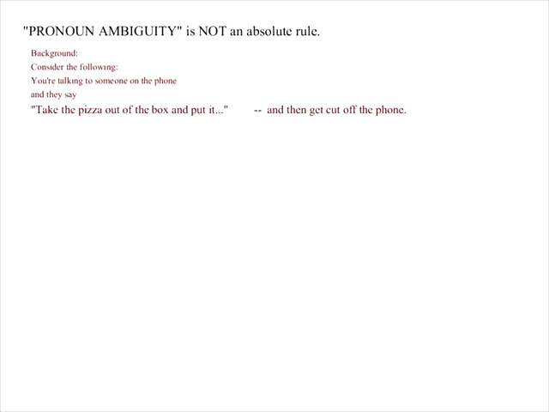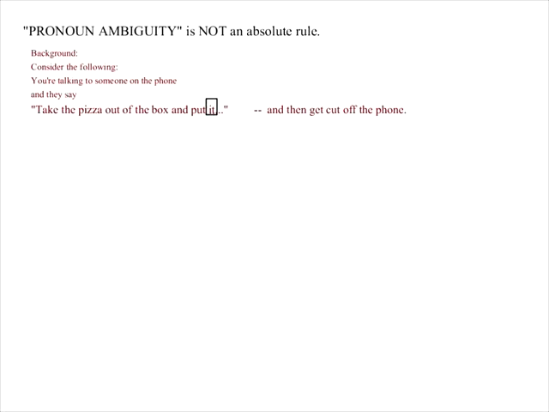Turn off your grammar brain, turn off your mechanical thought processes here, and turn on your intuition. If you think it stands for the pizza, put that in the text box, and if you think it's the box, put that in the text box. If you look at people's answers, we have absolutely uniform responses of the pizza.